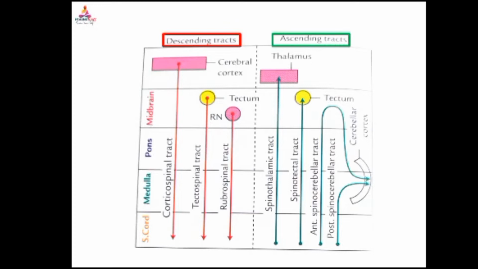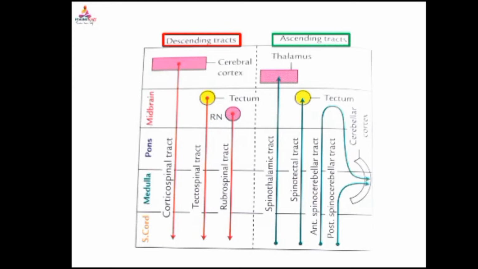Next part, ascending tracts. Origin from the spinal cord and terminating in the thalamus, that is the spinothalamic tract. Origin from the spinal cord and terminating in the tectum, that is the spinotectal tract.